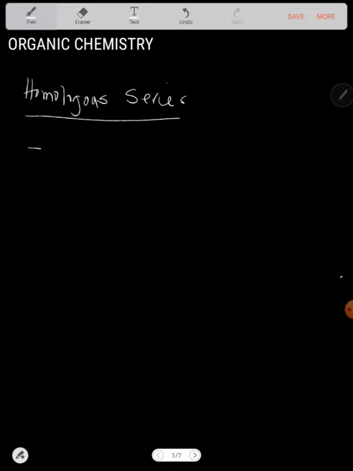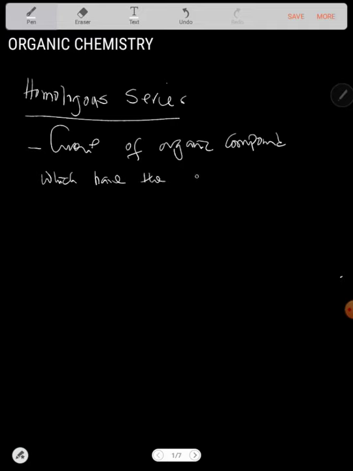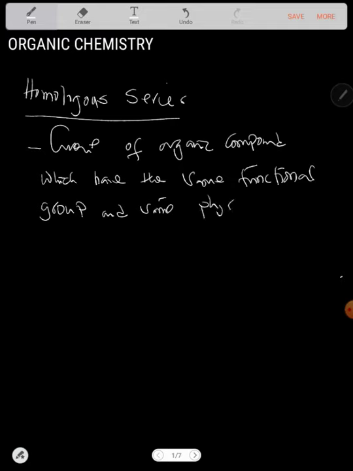The homologous series is a group of organic compounds which have the same functional group and same chemical properties, but different physical properties.